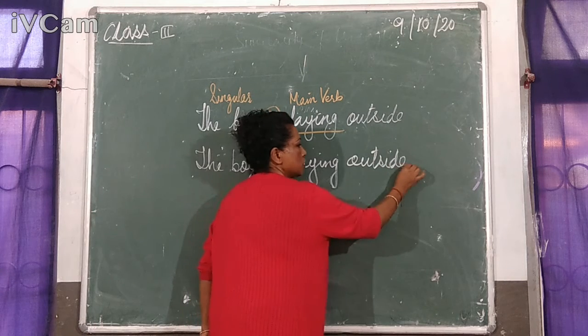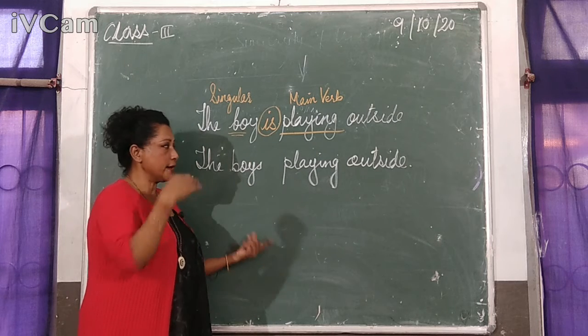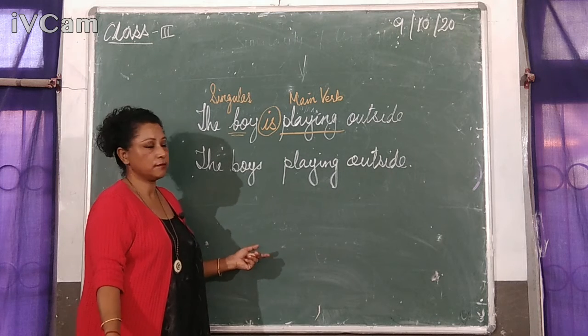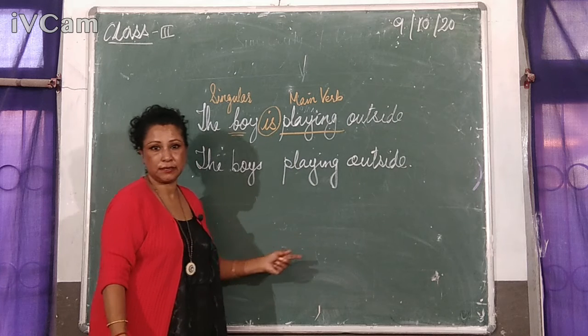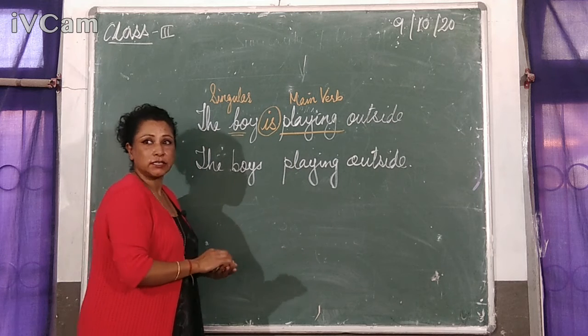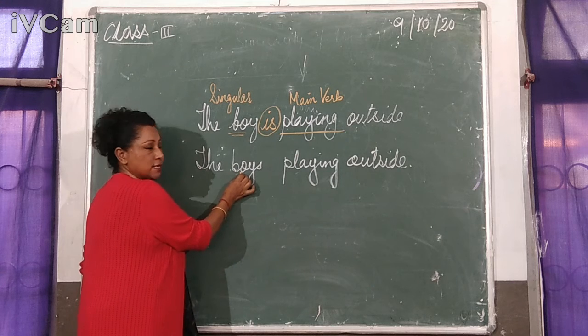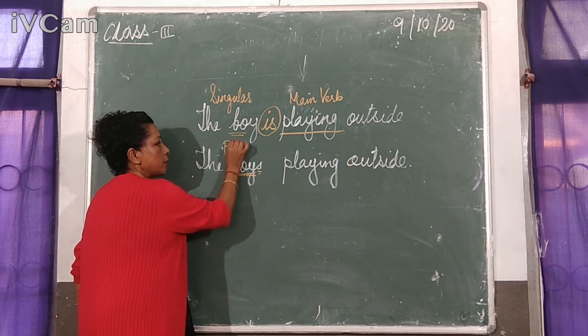If you read the sentence, you will understand the meaning, but something is not correct. So we need one word to make this sentence complete. So what is that? Here, how many boys am I talking about? More than one. Yes, boys, isn't it? So this is plural.